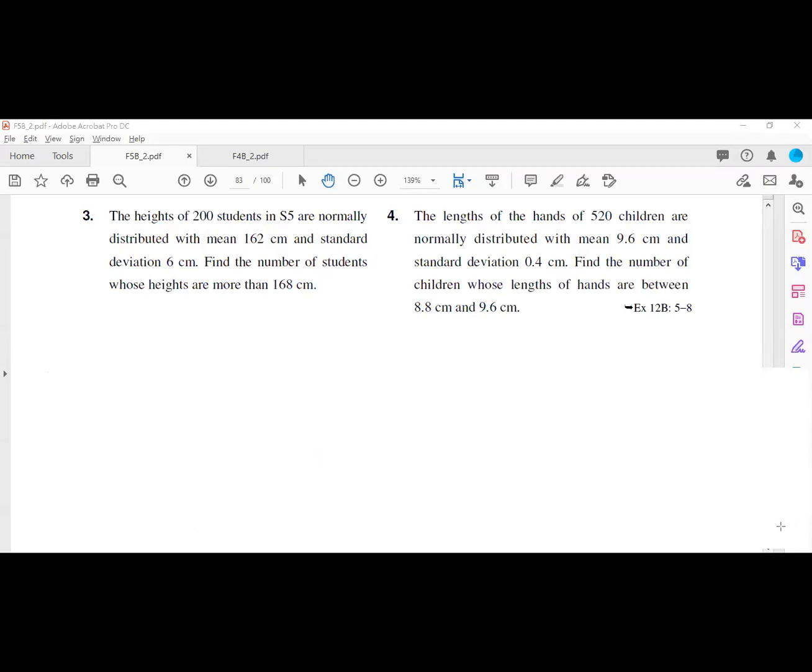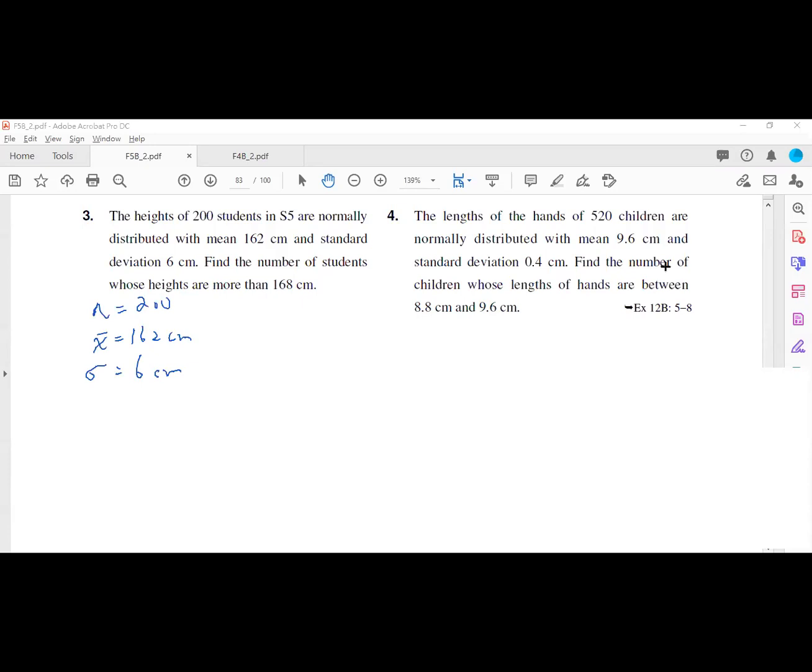The heights of 200 students in secondary 5 are normally distributed with mean 162 cm and standard deviation 6 cm. So what is given here is the total number of data n is equal to 200. Okay, and then the mean x bar is equal to 162 cm and standard deviation sigma is equal to 6 cm. Okay, and then the question asks us to find the number of students whose heights are more than 168 cm.